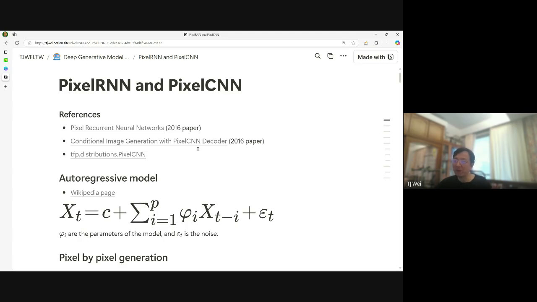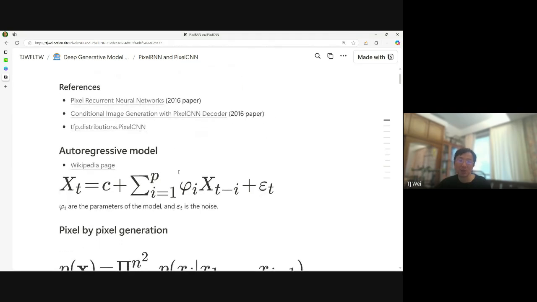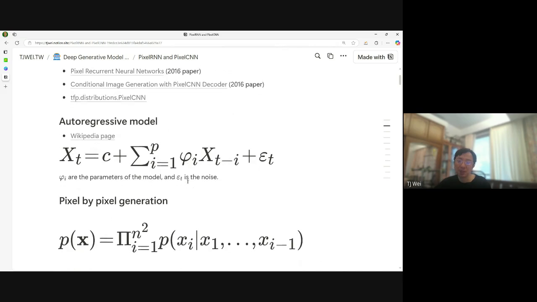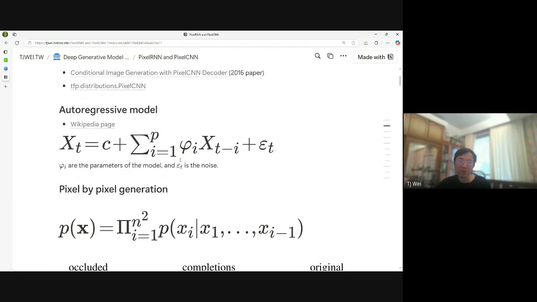Also, it is a very useful, powerful building block that people even use today. Okay, so these are the two papers related to these topics. And this is an implementation that you can see for TensorFlow, but people are using PyTorch a lot recently, so you can also refer to some PyTorch implementations of PixelCNN and PixelRNN.